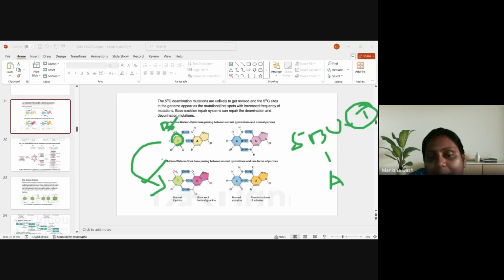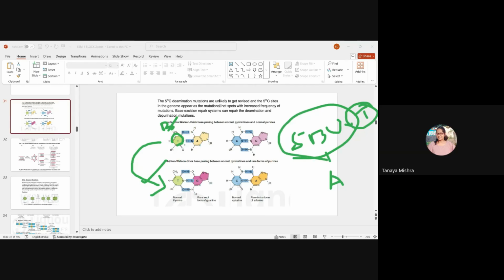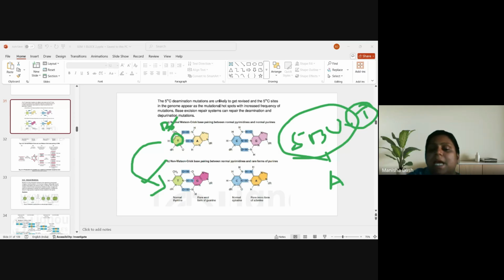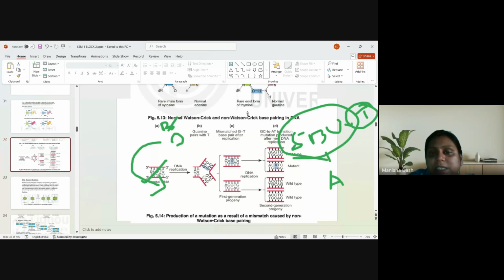The same thing applies to 5-bromouracil as well. Ma'am, in the normal form, does 5-bromouracil also show the tautomeric effect? Yes, all the purines and pyrimidines, since they have double bonds, will have their own rearrangement, which we call the tautomeric effect. Because of that only these kinds of changes are happening.